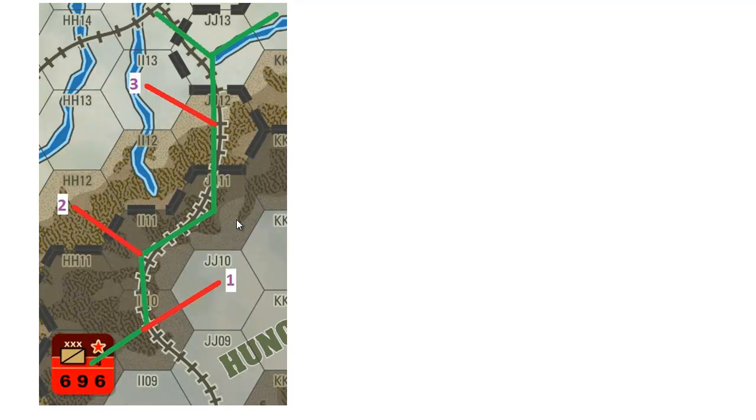However, we're looking at some turn after the first, and here is a Russian 696. The Russian 696 is preparing to exit from Hungary. So it makes its first square of movement, the green line, and it moves from one mountain square to another.